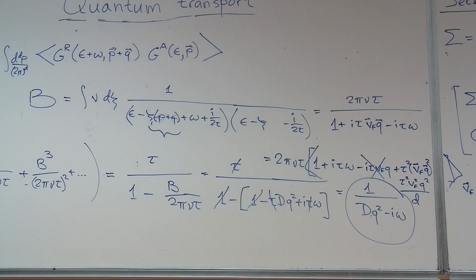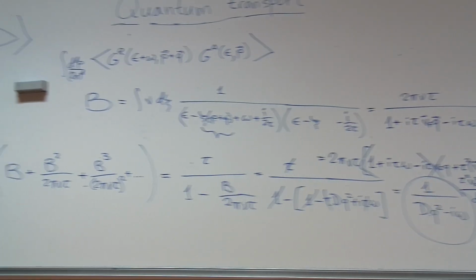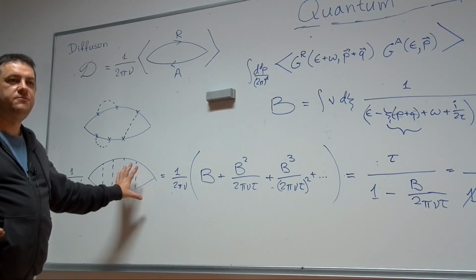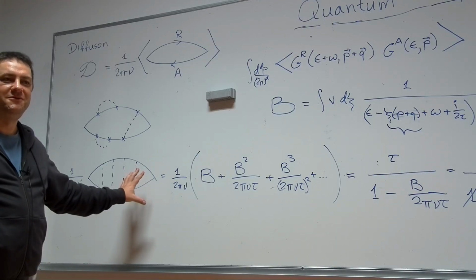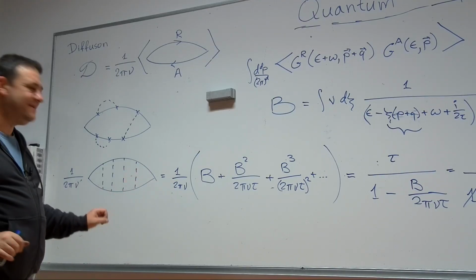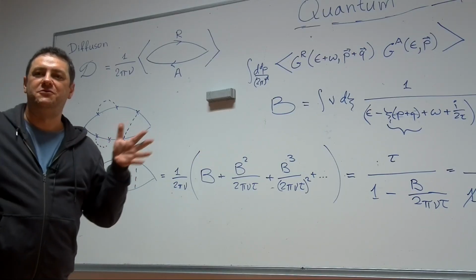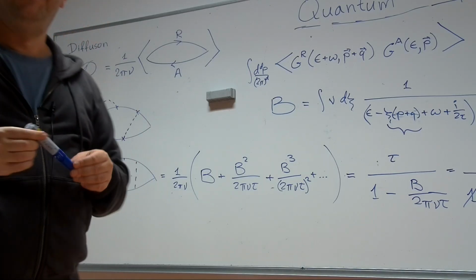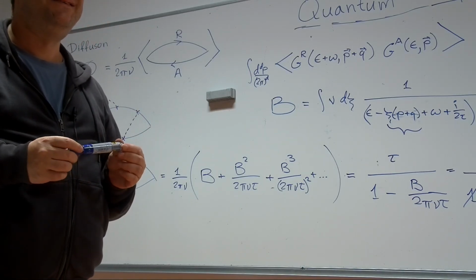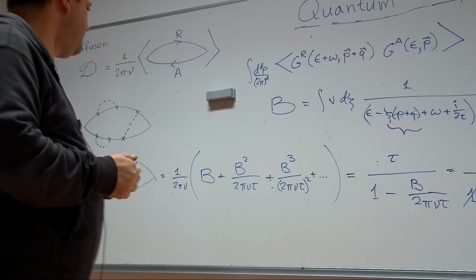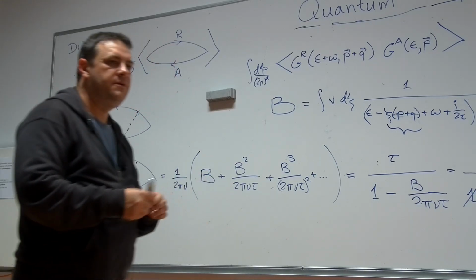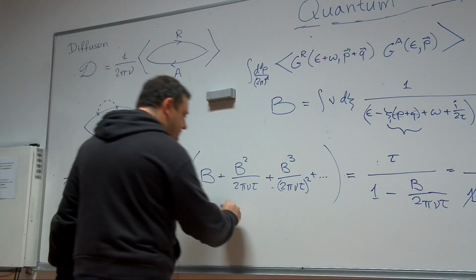Because I'm too lazy to draw 0, 1, 2, 3, and up to infinity, I just show a representative of this series, with many lines enough to understand that I have to sum all of them. So if we consider the second term, b squared divided by this one, how would the diagram look?